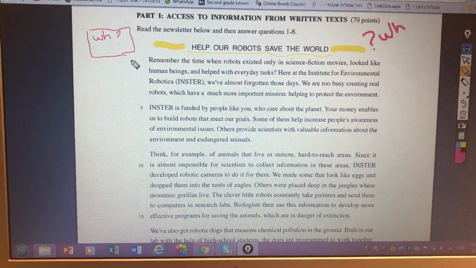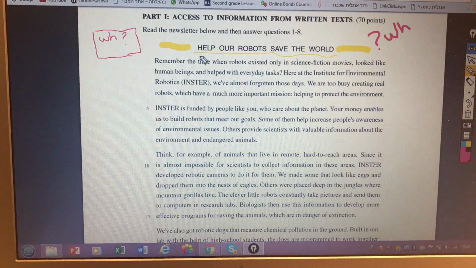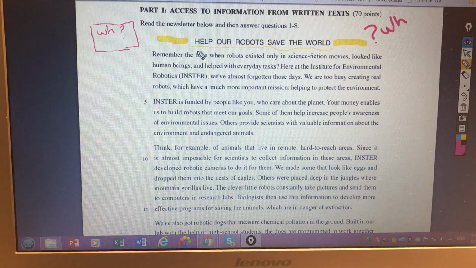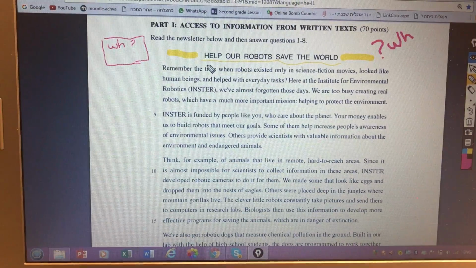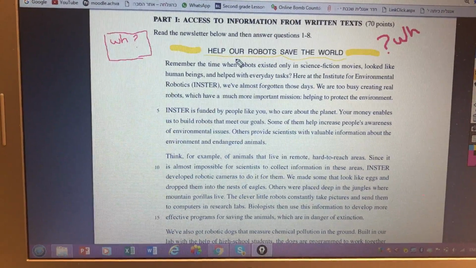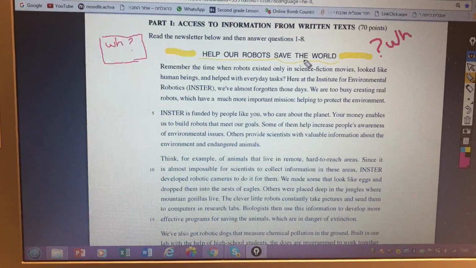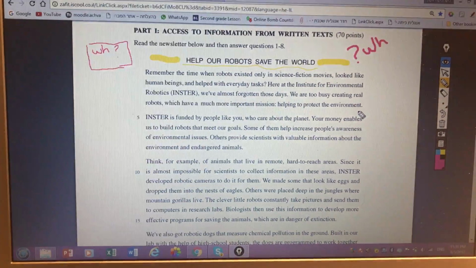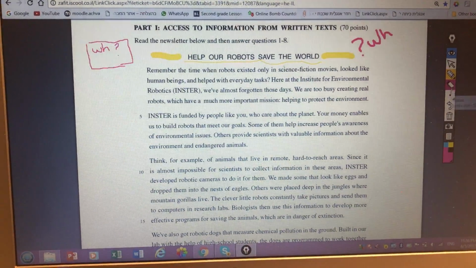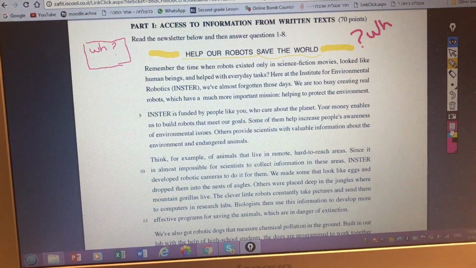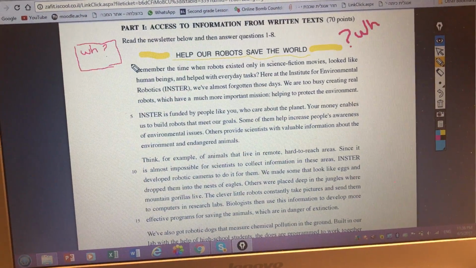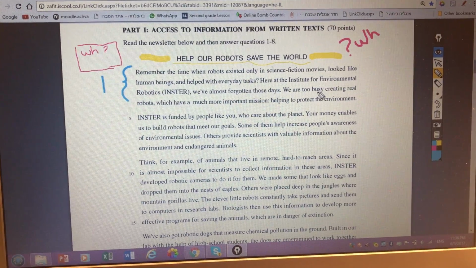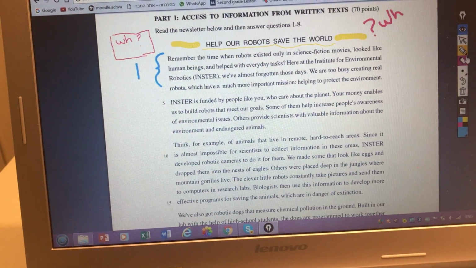So we've asked how the robots could save the world, right? That's probably one of the reasons the writer would choose to write about robots and saving the world. So let's begin with the first paragraph. Let's mark that paragraph 1. And let's see what it's about.